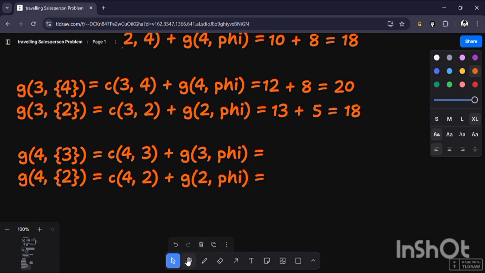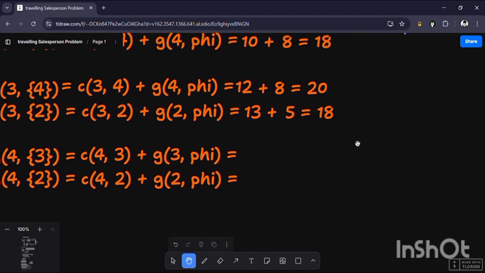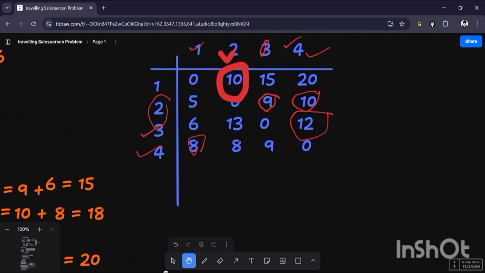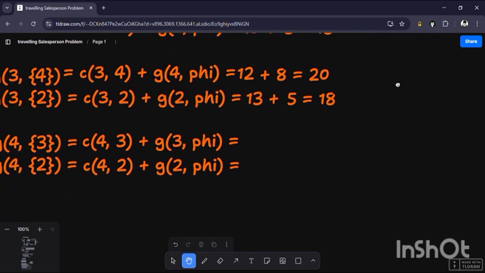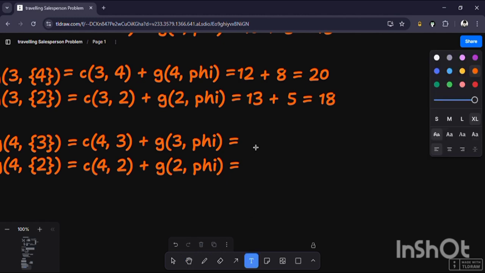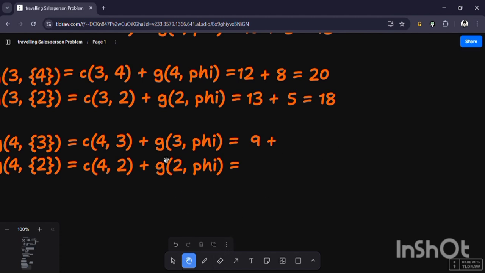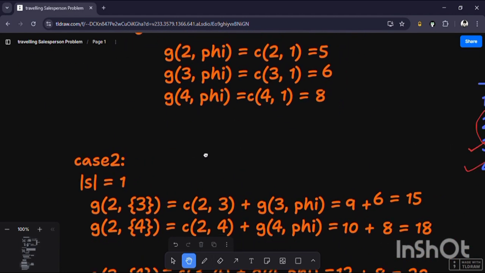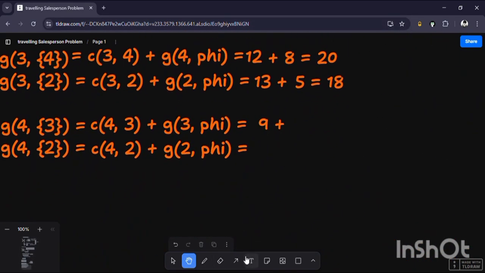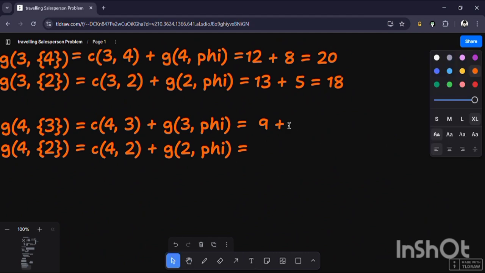Okay, let's calculate these values. What is the value of cost of 4 comma 3? 4 to 3 is 9. 9 plus g of 3 comma 5. What is the value of g of 3 comma 5? That is 6. 9 plus 6, which is equal to 15.